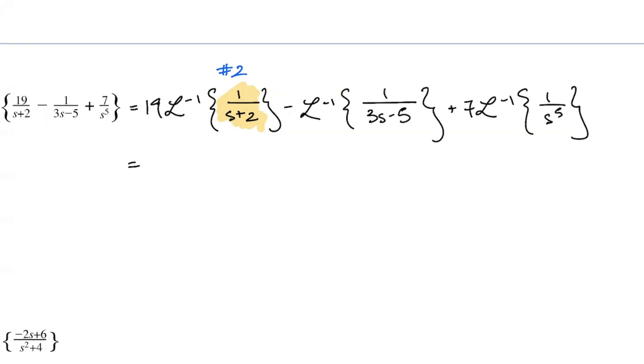That is probably the most common wrong answer that I see. We want to be a little more attuned to detail here, so that we know this A value is actually -2. So 19 e to the -2t.